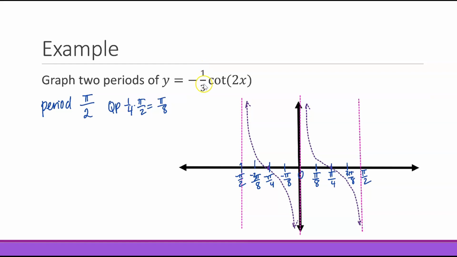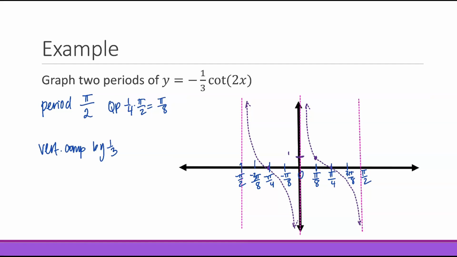And then the y-axis, the vertical compression, right? So 1/3 is less than 1. We're going to have a vertical compression by 1/3. Here I haven't labeled anything yet, so I'm going to cleverly label things here. I know that the y value has to be 1/3 at the halfway point between 0 and pi over 4. At pi over 8, that y value would have to be 1/3.